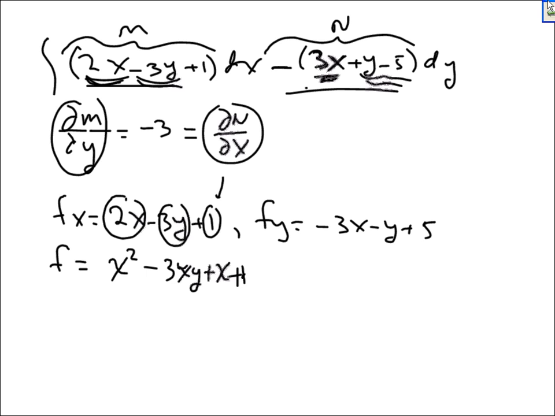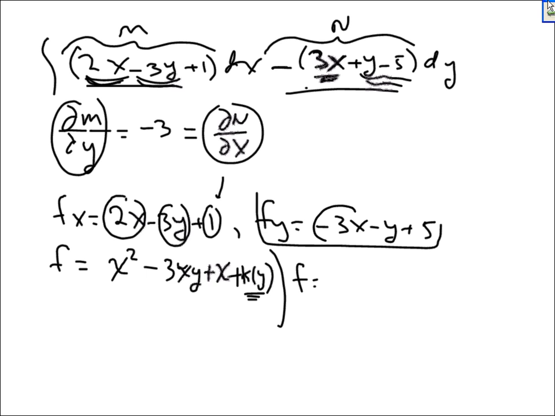Because if you add a function of y, when you take the partial with x, this is 2x minus 3y plus 1 plus 0. If it's in terms of y, then the partial will be 0 with respect to x.